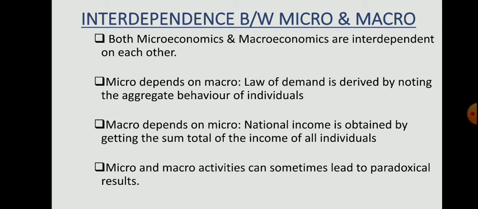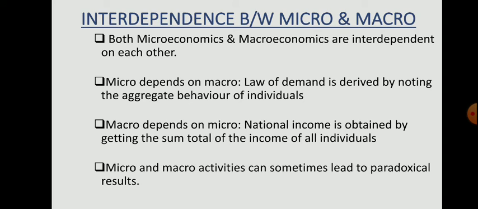Micro and macro activities can sometimes lead to some paradoxical results as well. Paradoxical result means, let me give you one example, sometimes what is true for the micro may not be true for the macro, or vice versa. Like if a person tries to save some money from his or her income, that is good, because that savings he or she can use in the future, okay.